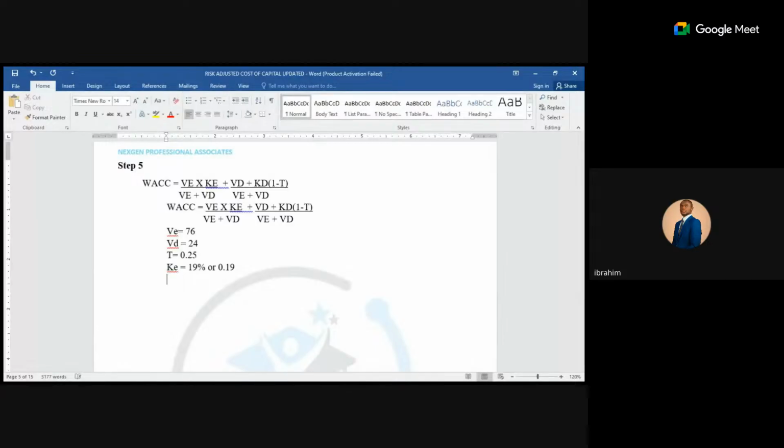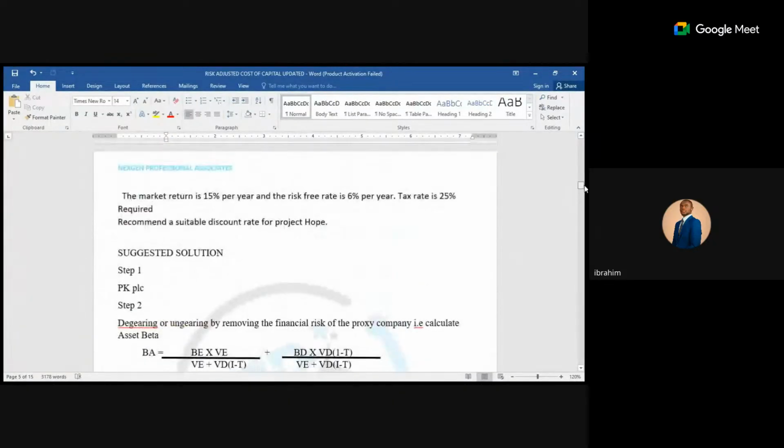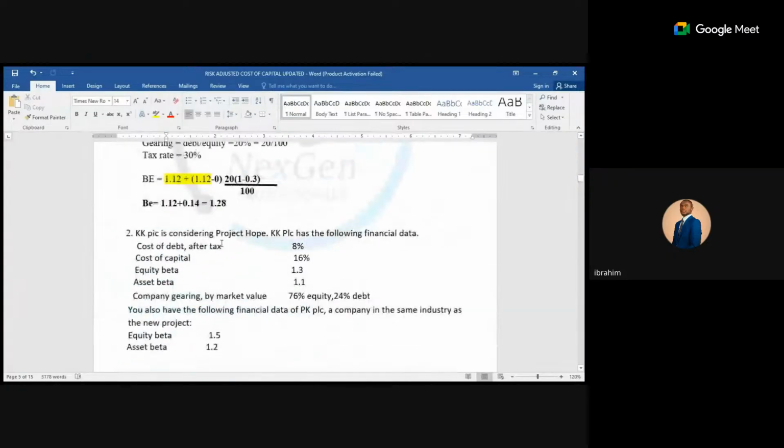Now, what is the cost of debt? Let's check from the question. Is the cost of debt after tax or post-tax? Okay, we have cost of debt after tax. Can you see it? The cost of debt after tax is 8%.